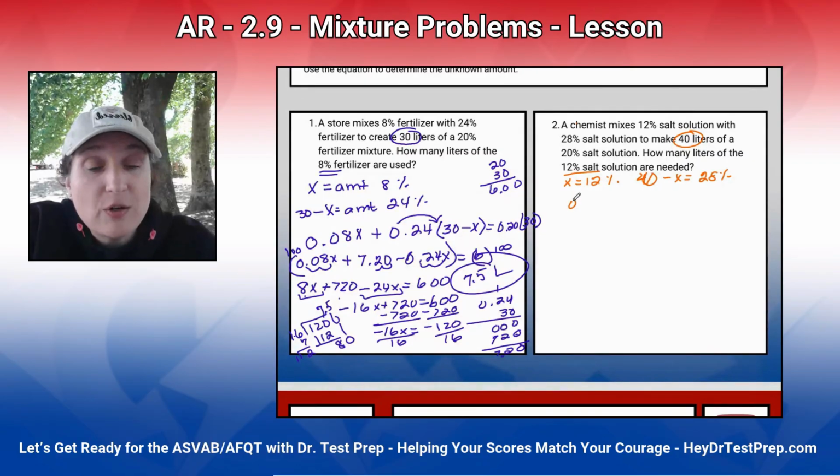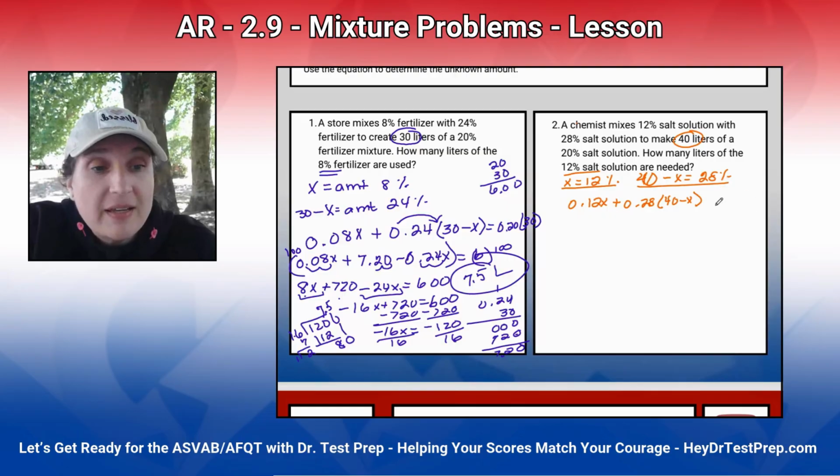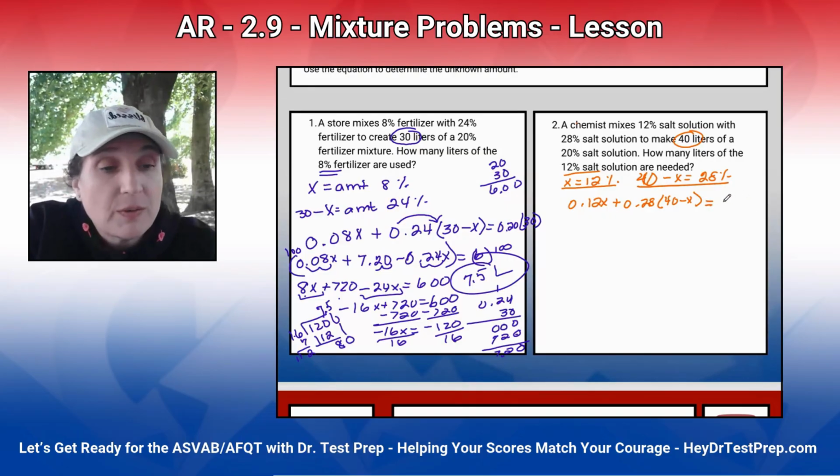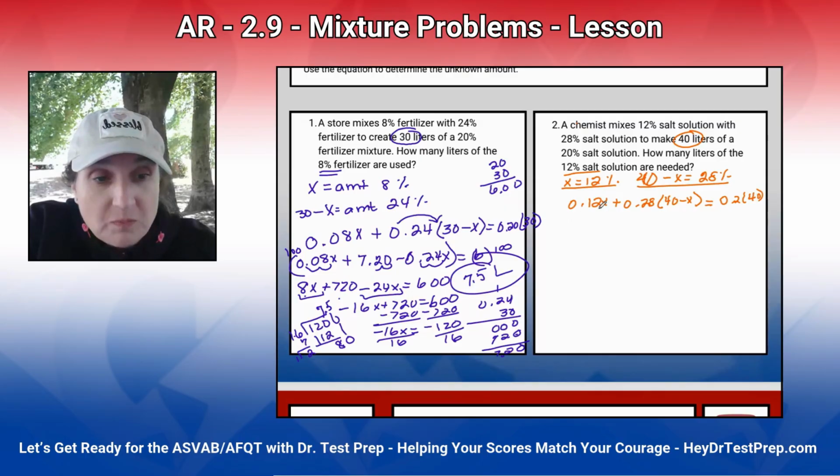So we're going to do 0.12x, that's this, plus 0.28 times 40 minus x, that's this, equals 0.2 times 40, which is this last part. I'm going to simplify first.